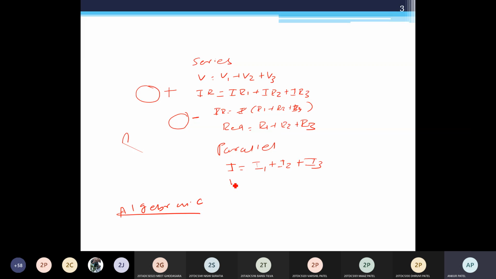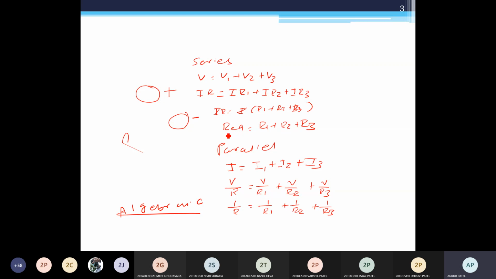According to Ohm's law, I is equal to V by R, so V by R1, V by R2, and V by R3. By taking V common, we have 1 upon R equivalent is equal to 1 upon R1 plus 1 upon R2 plus 1 upon R3.